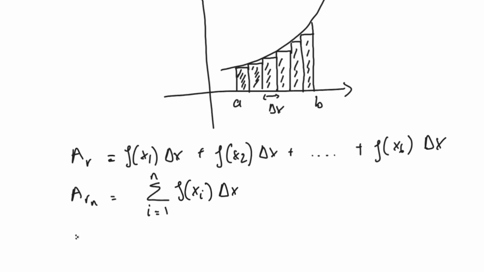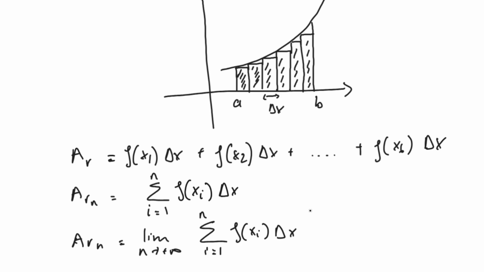So we will take the limit as n goes to positive infinity of the summation from i equals 1 to n of f of xi delta x, because we want an infinite number of rectangles, right? This formula is called the Riemann sum.